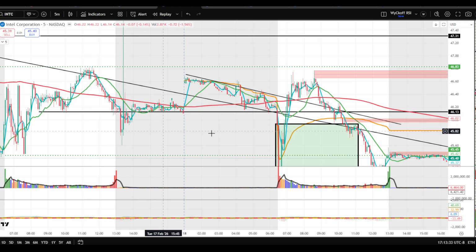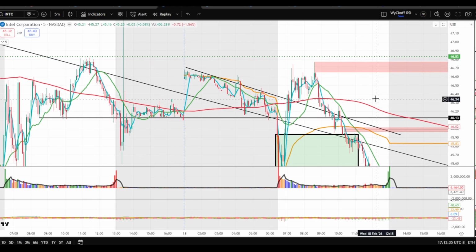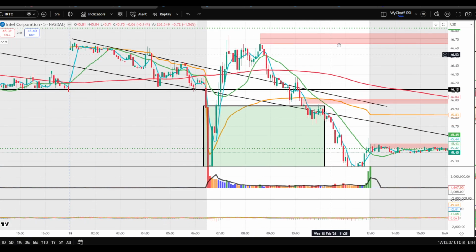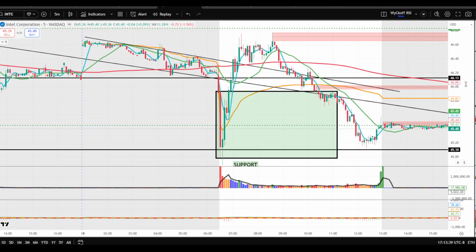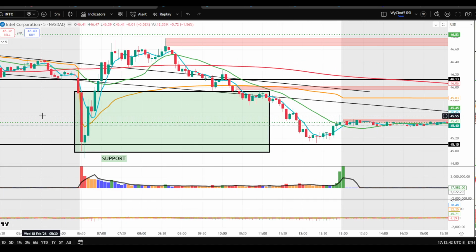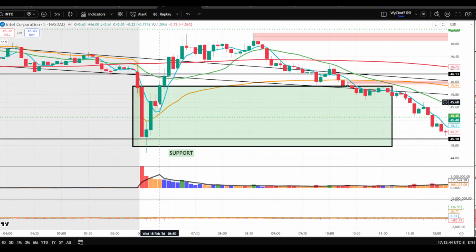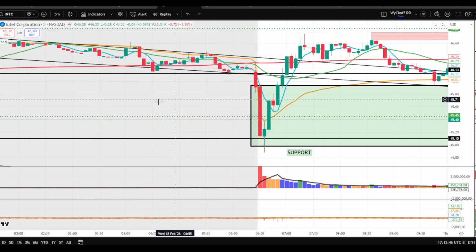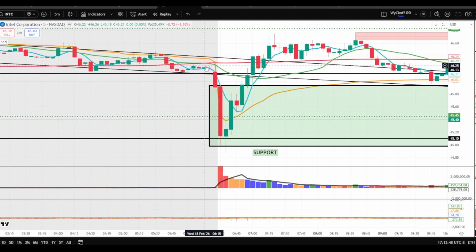So we had that break and flush. And there was no news, at least when I was trading it this morning, trying to figure out why is it flushing so much, other than maybe it was some sort of a bear trap.